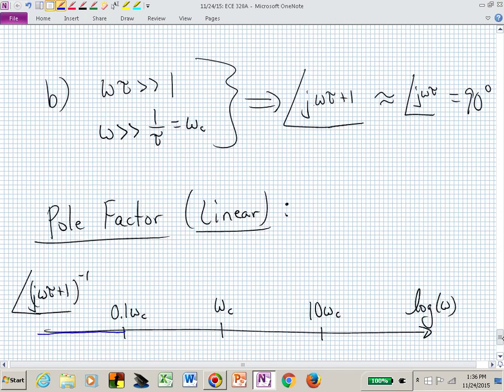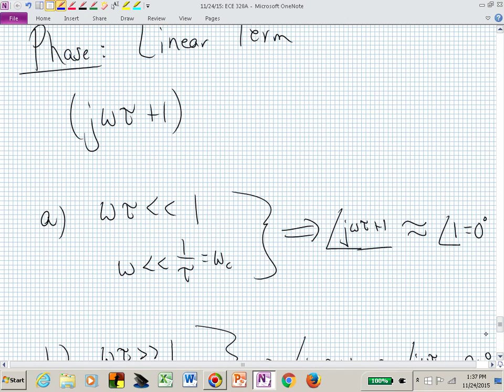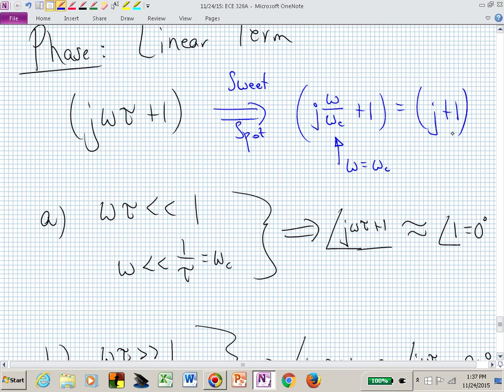Now, if we went back to this, and I said, what happens at the sweet spot? Which is when j omega over omega c plus 1, and we want omega to equal omega c, we now have 1 plus j.